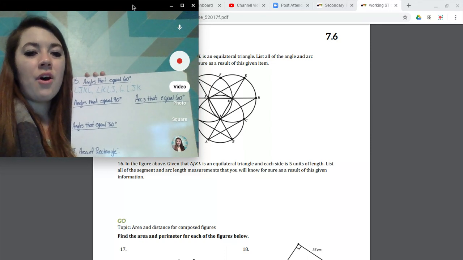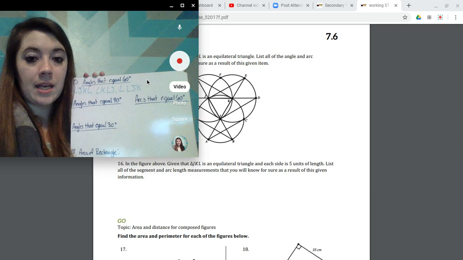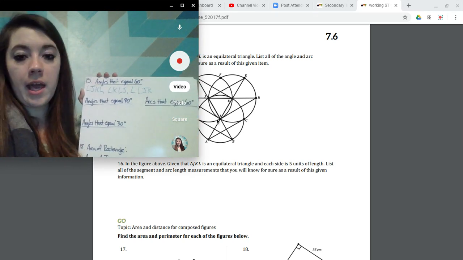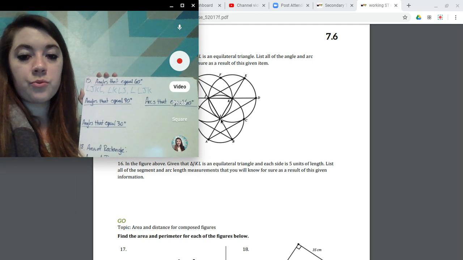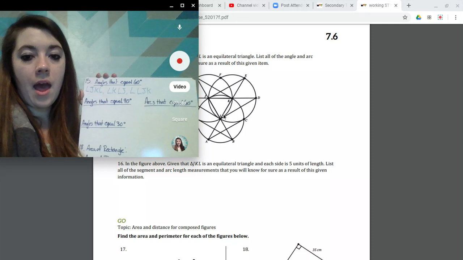Now with those three angles being 60, we have other angles we can find in here. We have a couple pairs of vertical angles. So if we look, this angle here, our angle KLJ, is right across from the angle ALB.